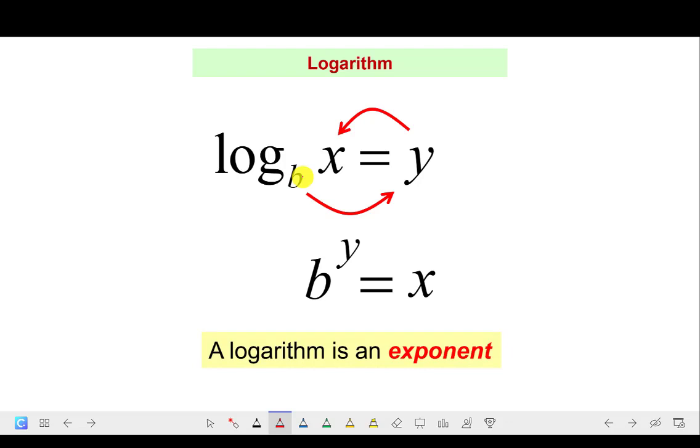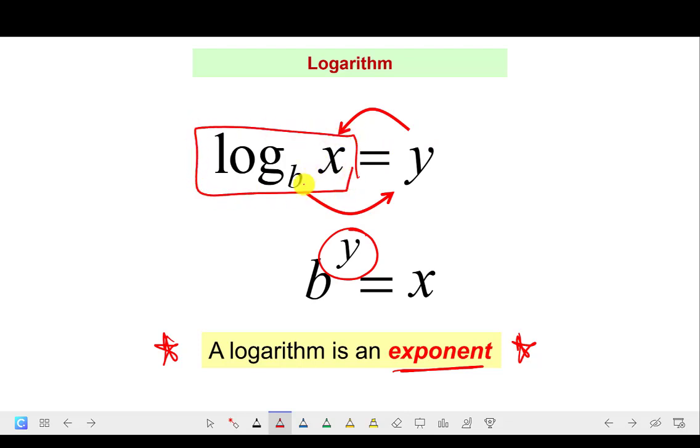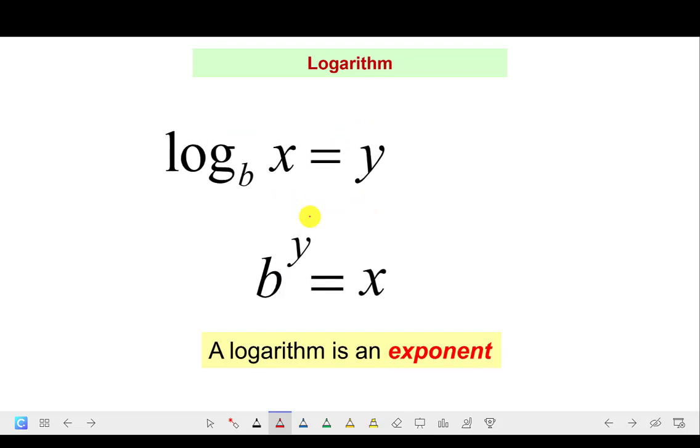Basically, if you look at what you see right here, and this is essential, and this is why logarithms are so hard sometimes, because the logarithm is an exponent. You go, well, wait, what? Well, look at what's happening here. B raised to this, y. Well, what is y? Aren't we saying that y is just this? So can't I replace that here? And the fact is I can.